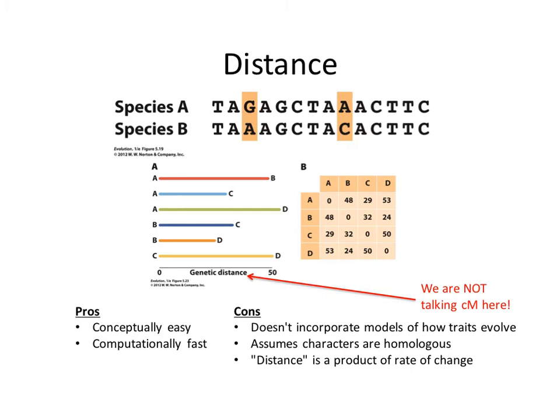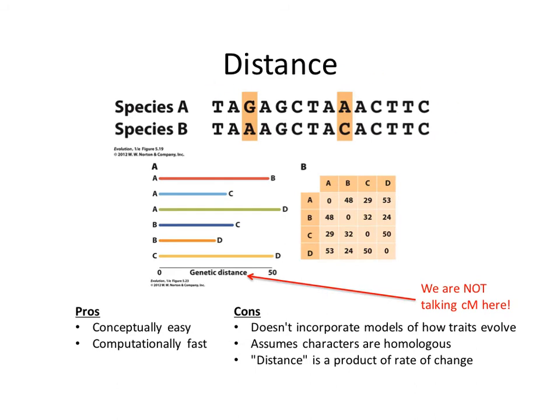So here we get to do a little bit of practice building distance trees. And that's the last topic for the day. So the concept of distance is almost as straightforward as parsimony. Normally, distance trees are built on genes, DNA sequences. So you take the same DNA sequence from multiple different species, you line them all up like they have here.